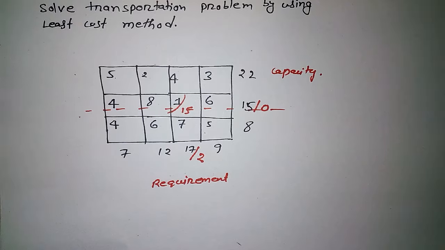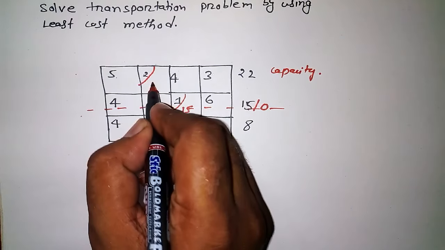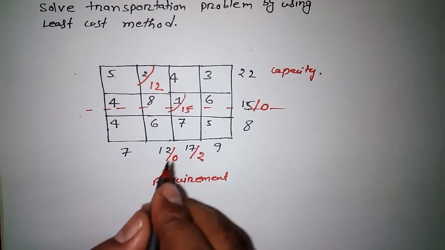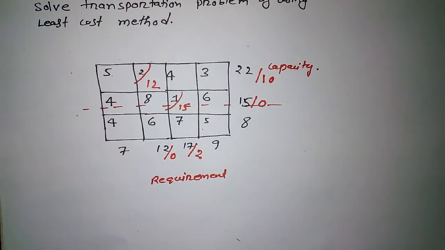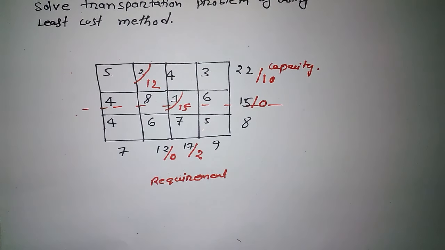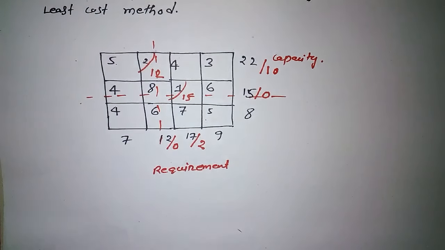Again we need to see below and in front of it. The required value is 12 and capacity is 22, so we can fulfill the whole demand in this case. We write 12 here, the remaining would be 0, and here the remaining would be 10. Now demand has become 0, so we cross this.